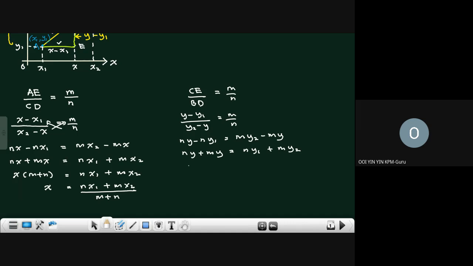And then this one we can factorize our y, and then we'll get m plus n here, equals ny1 plus my2. So overall you will get ny1 plus my2 over m plus n ratio.